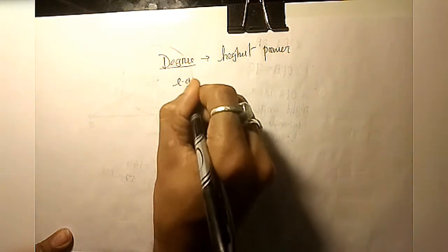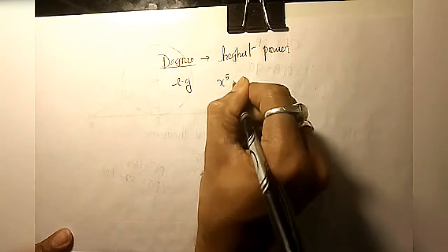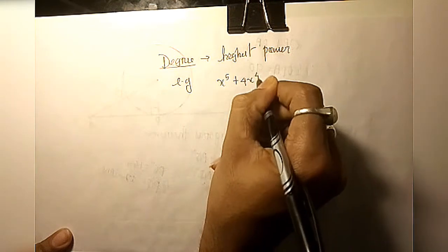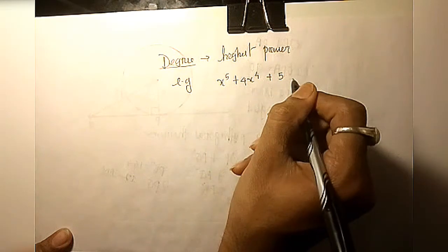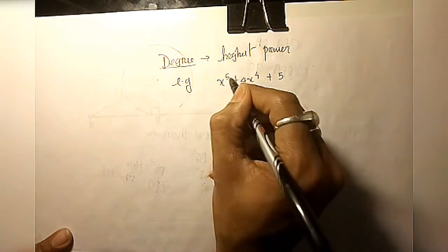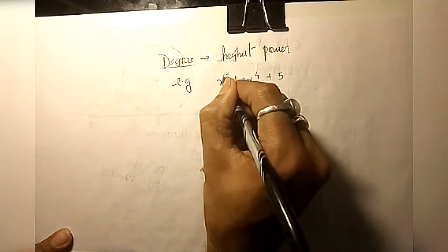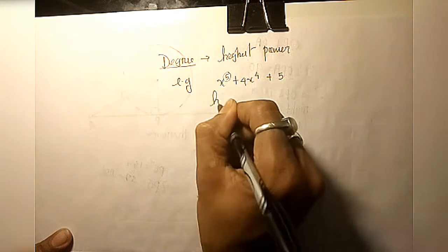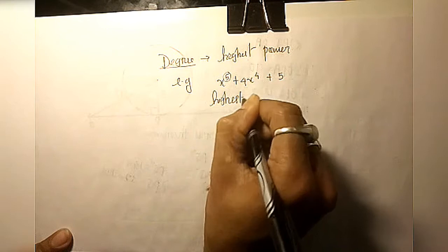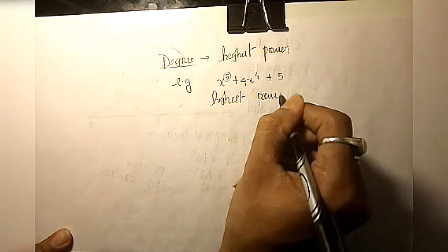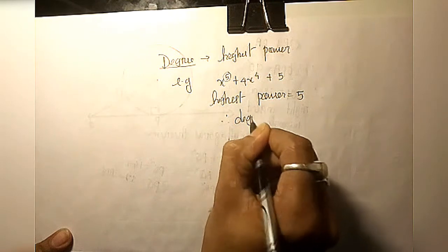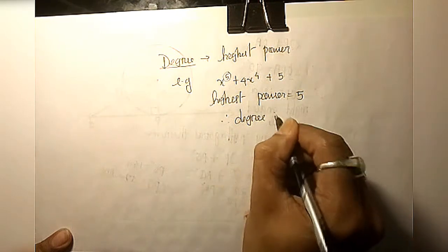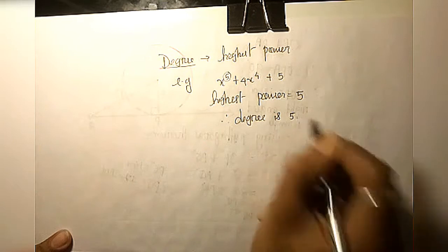For example, x to the power 5 plus 4x to the power 4 plus 5. This is a polynomial and the highest power is 5. Therefore, the degree of the polynomial is 5.